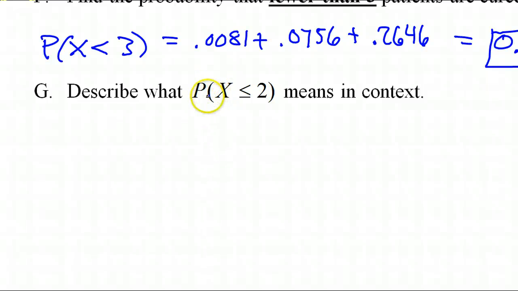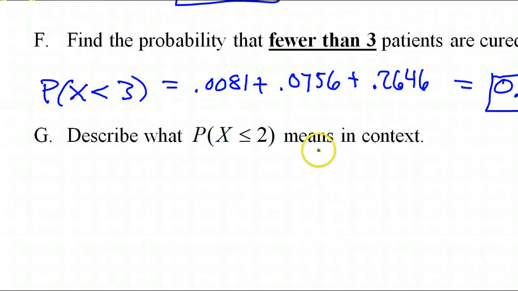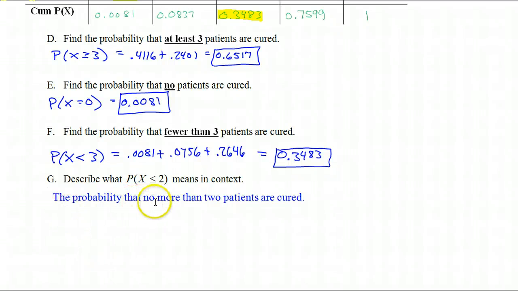Alright, describe what the probability that X is less than or equal to 2 means in this context. Well, there's a lot of different ways to say it, but remember, we're talking about how many patients are being cured. So one way to say it would be the probability that no more than 2 patients are cured.